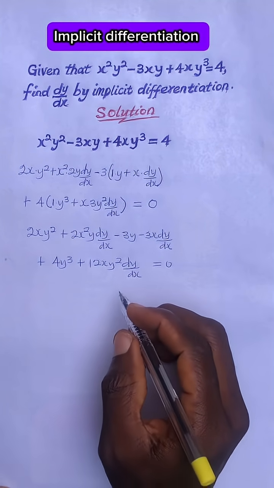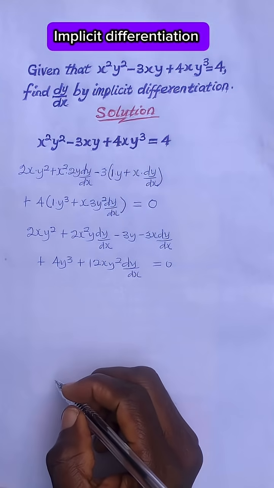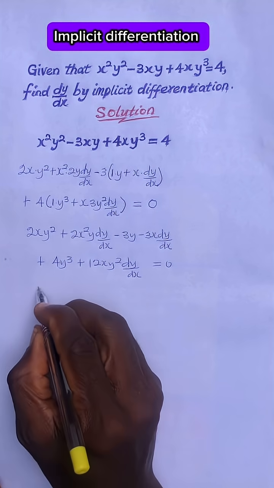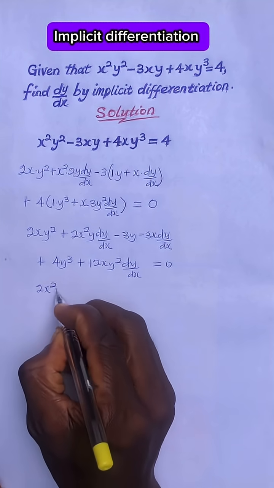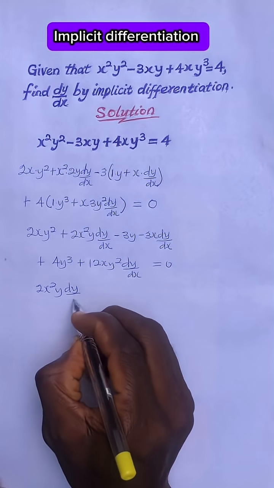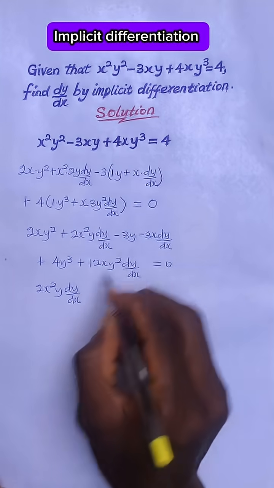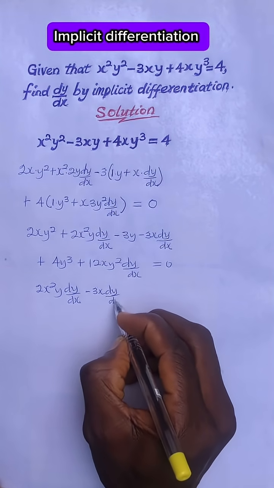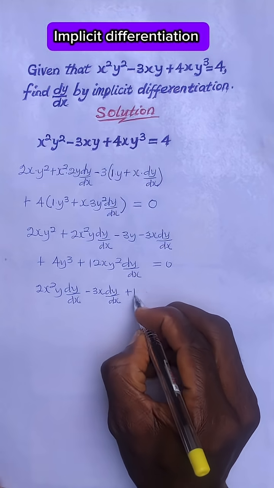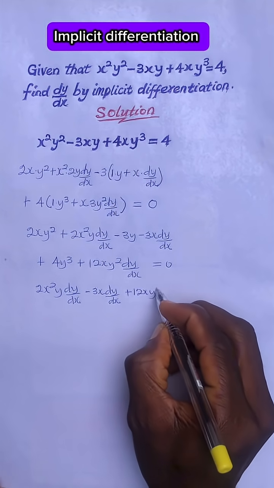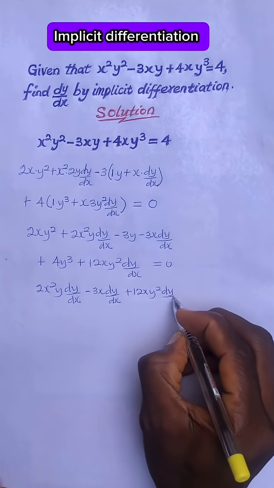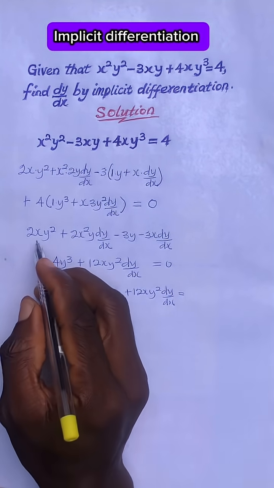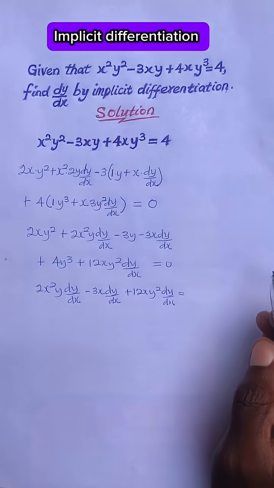The next thing is to collect the like terms in dy/dx and make dy/dx the subject. So we're going to have 2x squared y dy/dx, then minus 3x dy/dx, plus 12xy squared dy/dx equal to, now the rest we are going to move to the right hand side of the equation.